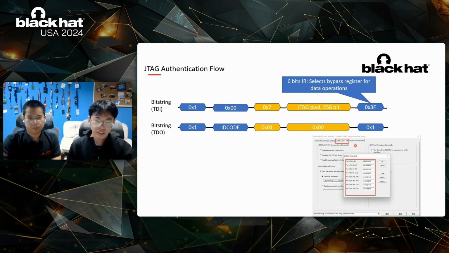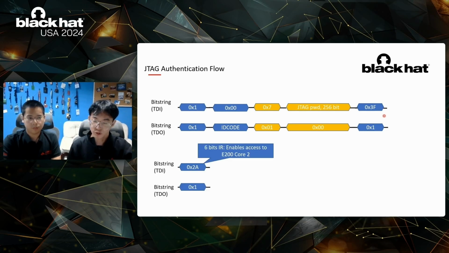After that, UDE starts to transmit data to the SPC5. The data here is identical to the password we give in the UDE user interface, and it is sent in plain text. When UDE finishes transmitting the password, the instruction hex 3F is issued to select the bypass register for data operations.